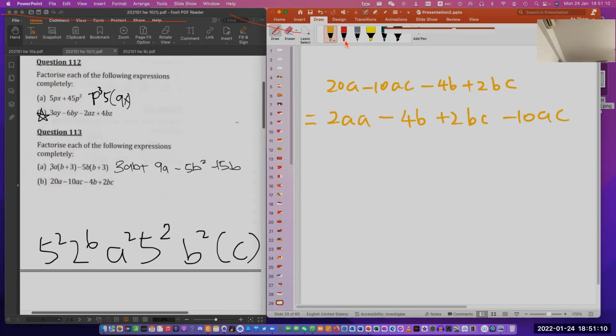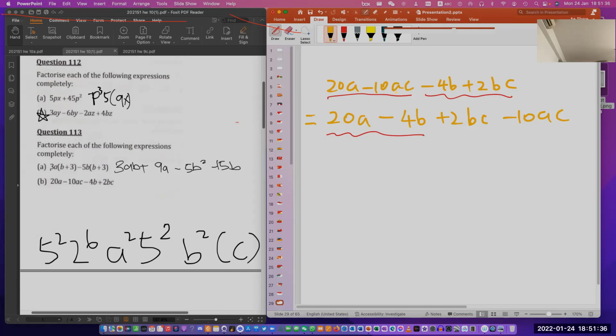Why not group them like this? Why not just group them in this order? Why do you want to bring the minus 4b to the front, and why do you want to bring the minus 10ac to the back?